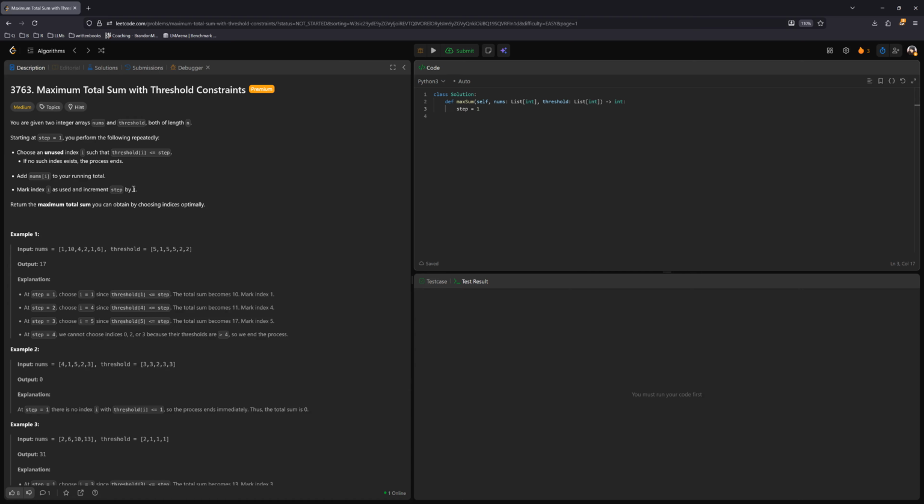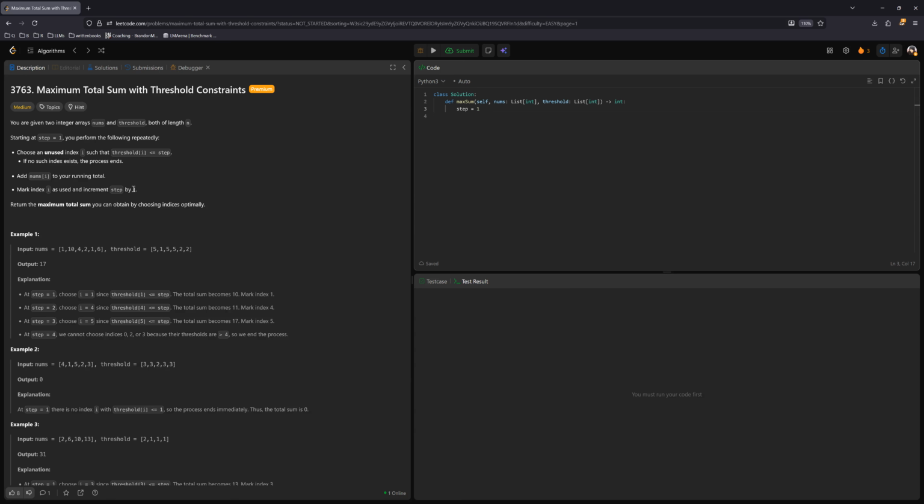Choose an unused, that's important. Unused index I such that threshold of I is lesser than or equal to step. If no such index exists, the process ends. So we're marking them. Mark index I as used and increment step by 1. Add nums of I to your total.